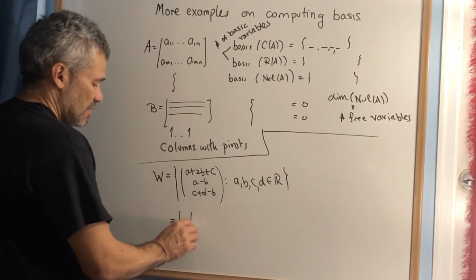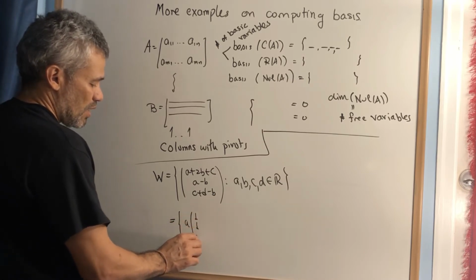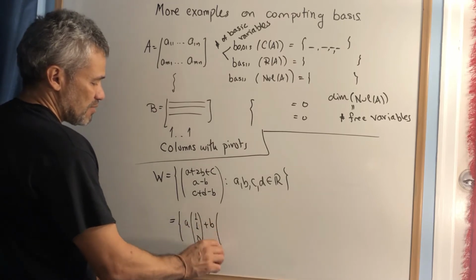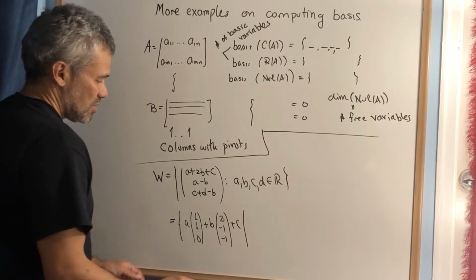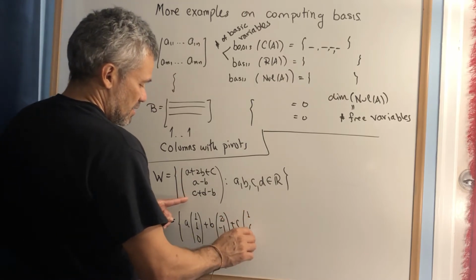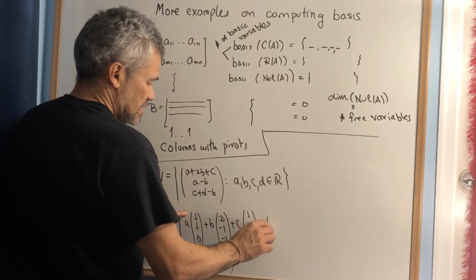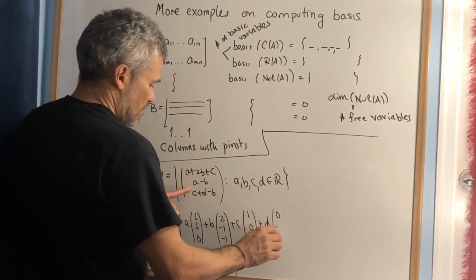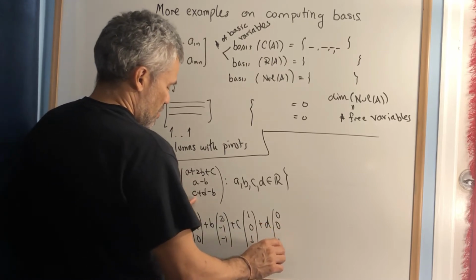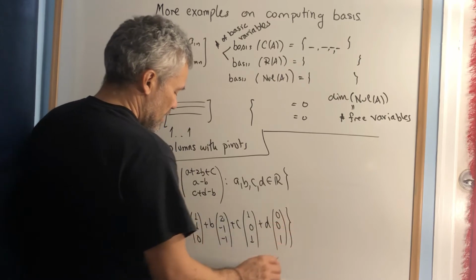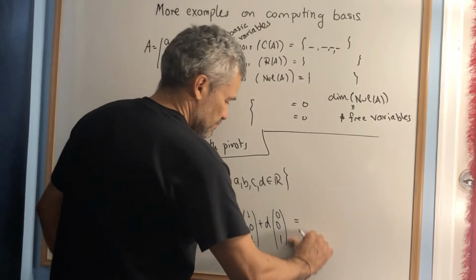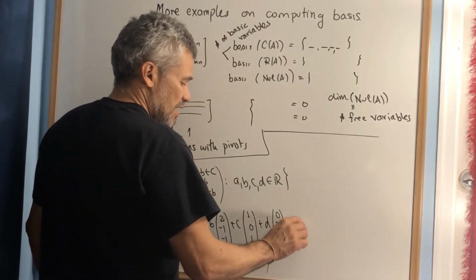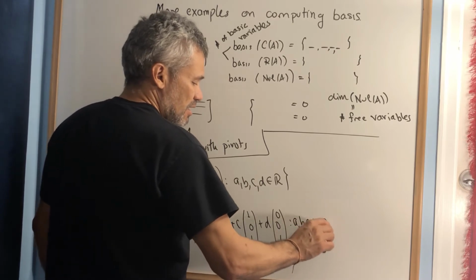We factor: a times (1, 1, 0), plus b times (2, -1, -1), plus c times (1, 0, 1), plus d times (0, 0, 1), such that a, b, c, and d are real numbers.